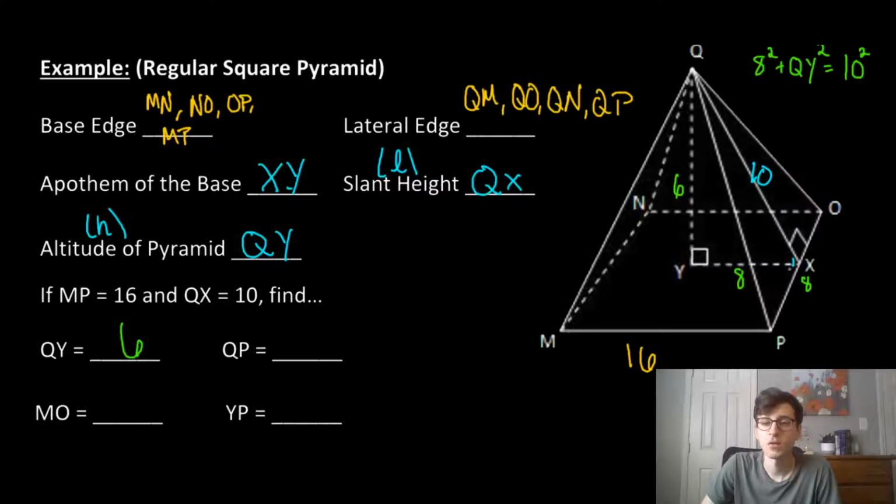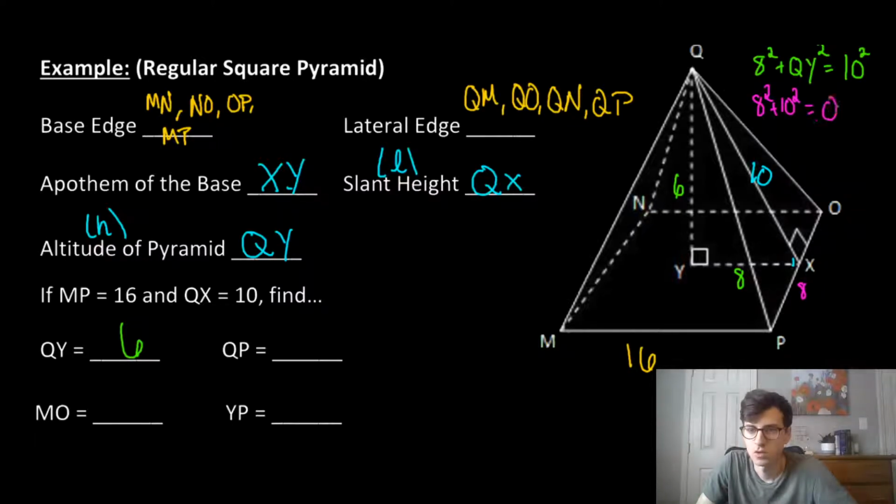So now, let's maybe work in a different color for this one. For this problem, we'll just work in pink. Okay, so we've got 8 here and 10 here, so that means 8 squared plus 10 squared, my two legs, equals QP squared.